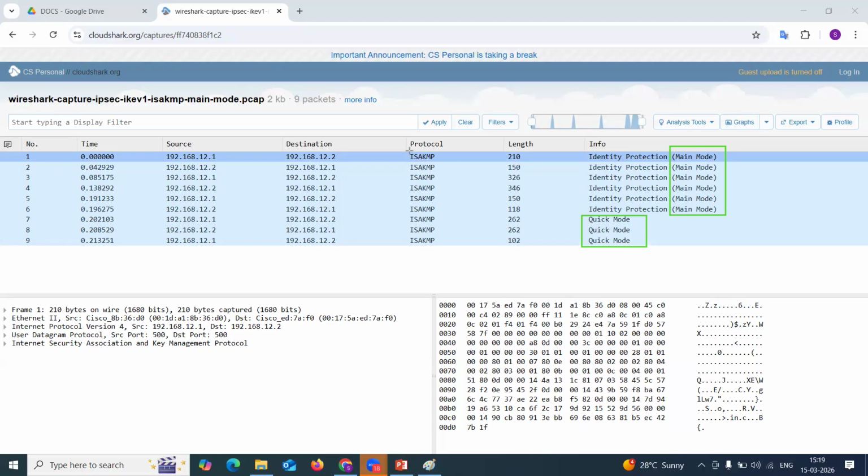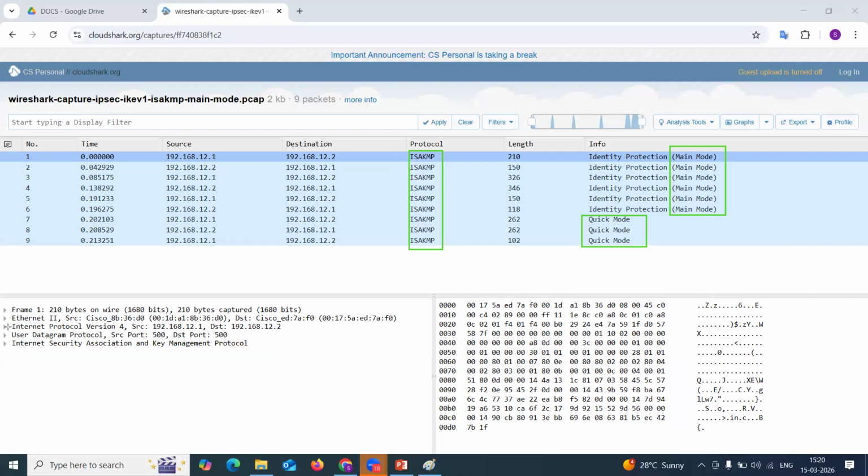And all these 9 message exchanges are carried by which protocol? ISAKMP protocol. ISAKMP is the Internet Security Association and Key Management Protocol.